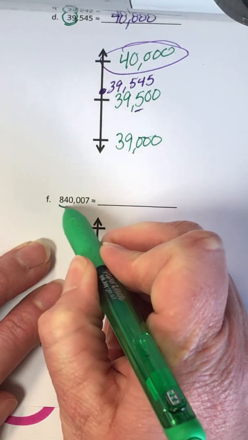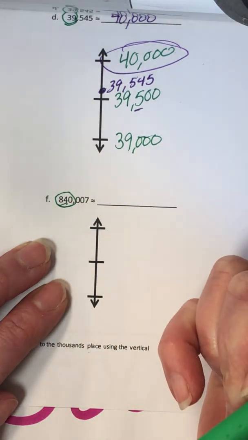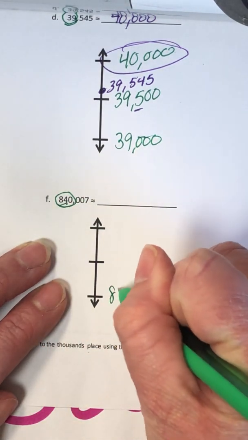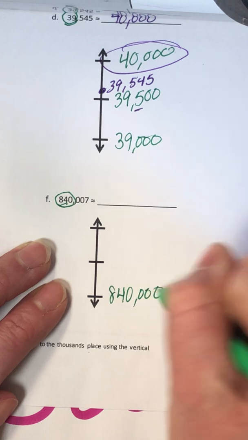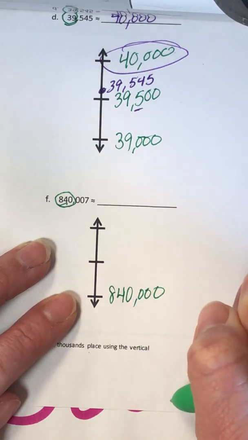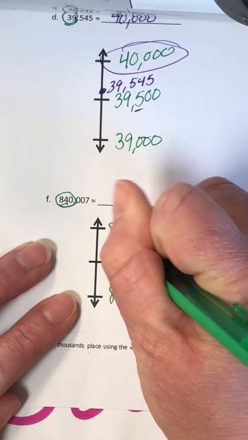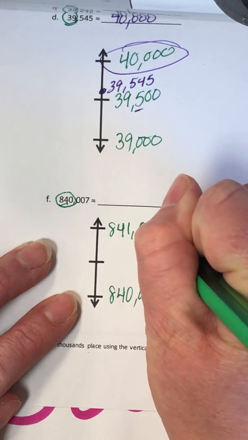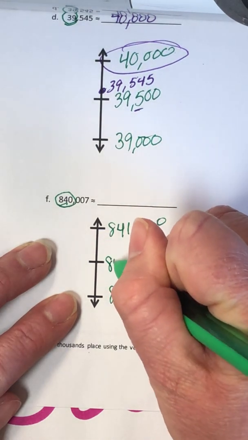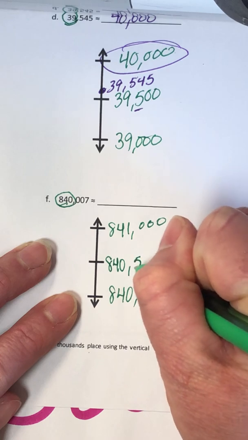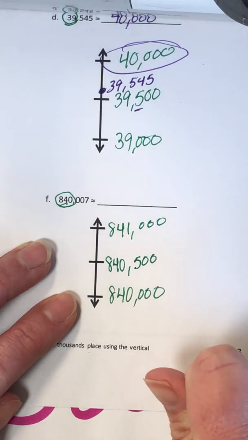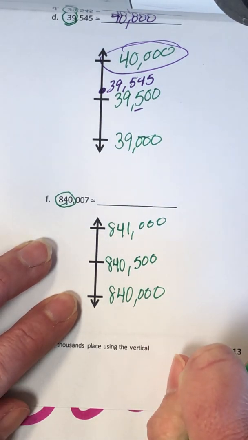So if we look at the thousands, we have 840 thousands. One more, if I'm counting, 840, 841. And then my midpoint is going to be 840,500. Because 500 plus 500 is 1,000. And that's how we get our midpoint.